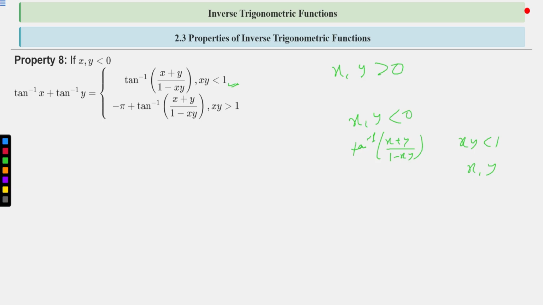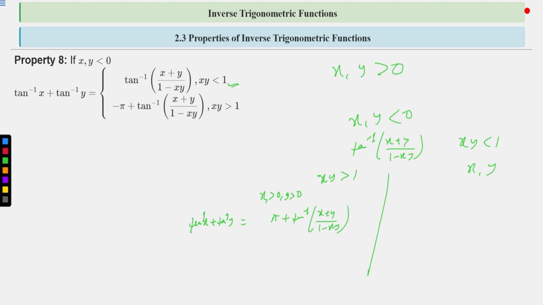So when xy is greater than 1, and x greater than 0 and y greater than 0, then we will write tan inverse x plus tan inverse y is equal to pi plus tan inverse of (x plus y) upon (1 minus xy), right?